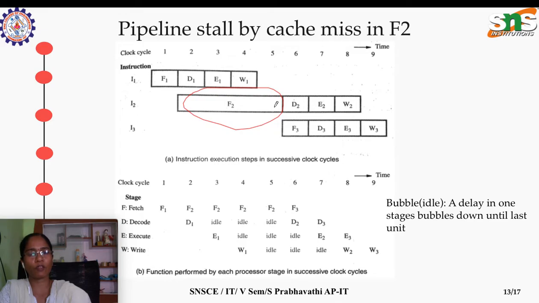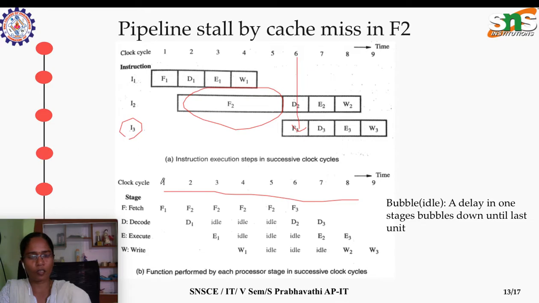So what's happening? It forces instruction 3 to fetch at clock cycle 6. Instruction 3 cannot fetch at clock cycle 3 because the fetch operation is not completed by instruction 2. This diagram is represented in an alternate way, where each stage of the pipeline and its clock cycle is given here.